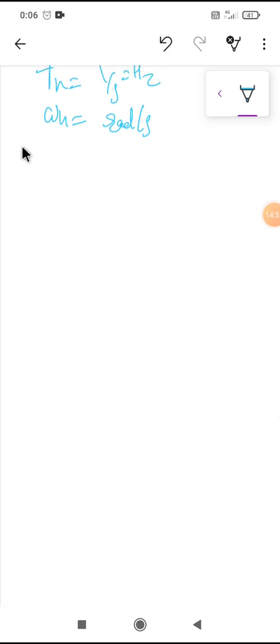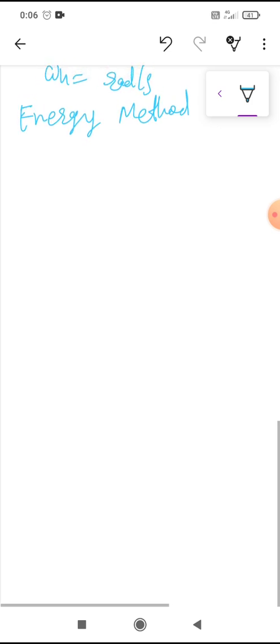The next method is the energy method. As the name suggests, it involves energies. There are two types of energy involved, kinetic energy and potential energy.